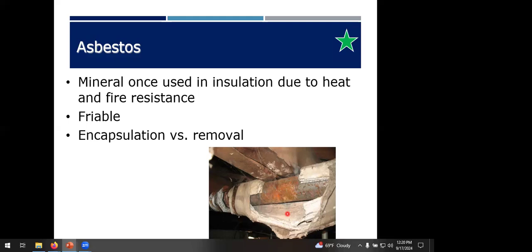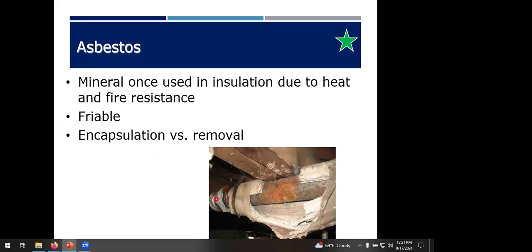As far as mediating asbestos, encapsulation is preferred over removal. Because with removal, when you take it down, you're breaking it up. You're making it friable and you're making those little particles out in the air susceptible to getting in our lungs. If we can encapsulate it, if you can take it and rewrap it, put it up in a place where it's not going to be friable, that's the preferred method.